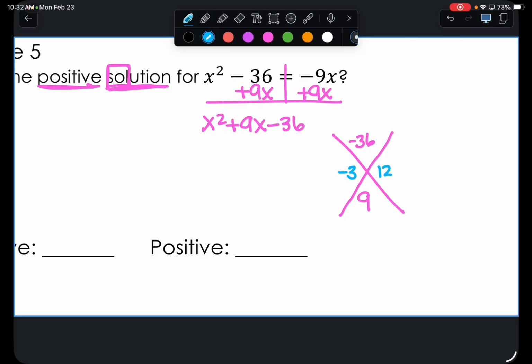Did you put the negative on the 36 in the table? Did you find the positive 9 or the negative 9 in the table?